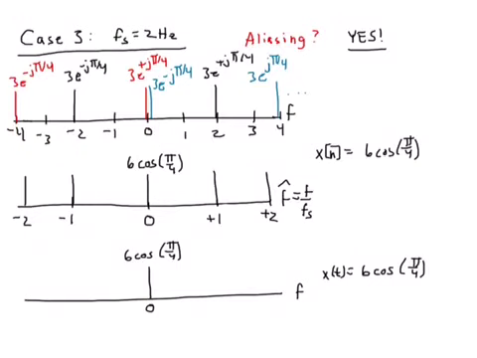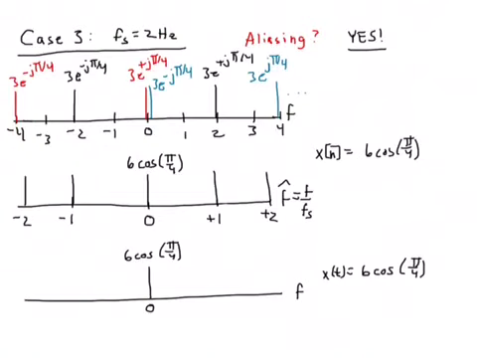First of all, did you expect that aliasing would occur? Hopefully you said yes, because the sample frequency, 2 hertz, happens to be the same frequency as the signal, which is also 2 hertz. So certainly we expect aliasing because we're not sampling at a rate twice the maximum frequency in the signal.